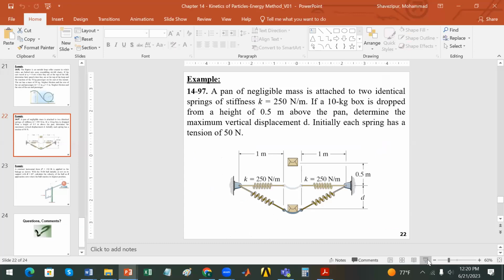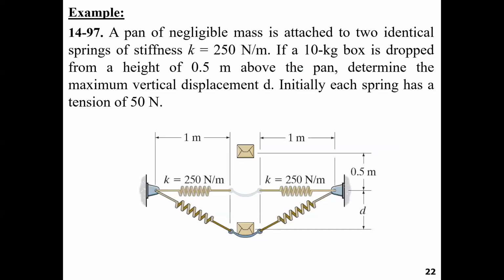Let's do this example. This has also a spring in it, so you may want to have some spring stuff practice. So in this problem, as you see, you have a pan here. It has negligible mass, so when we go for gravitational potential energy, it doesn't have mass.